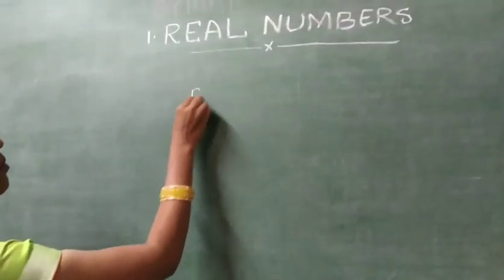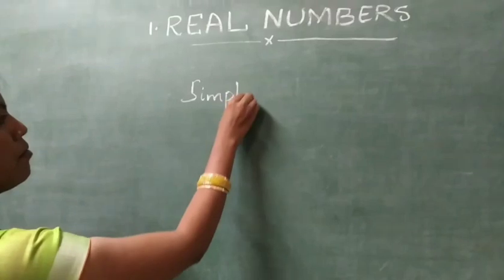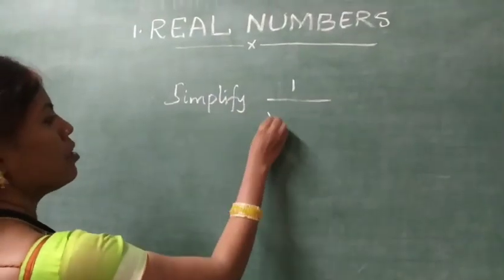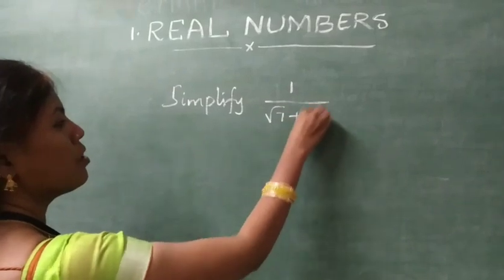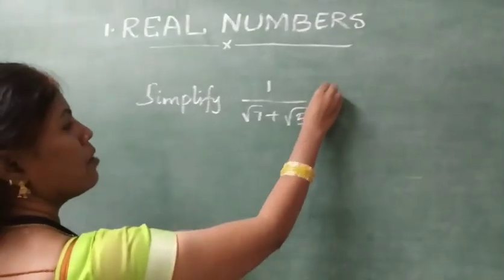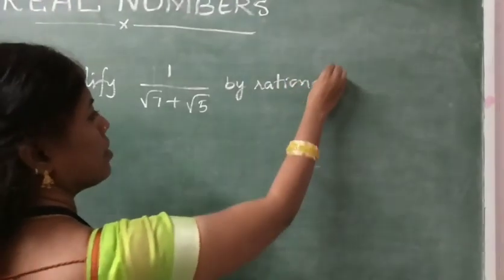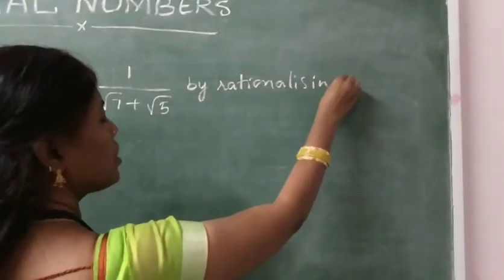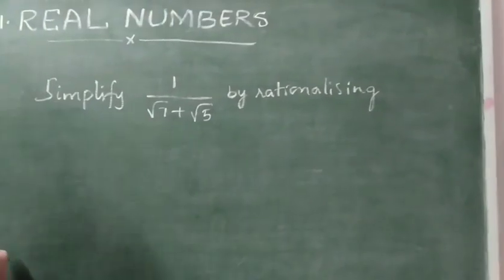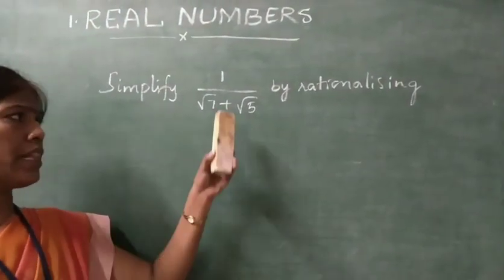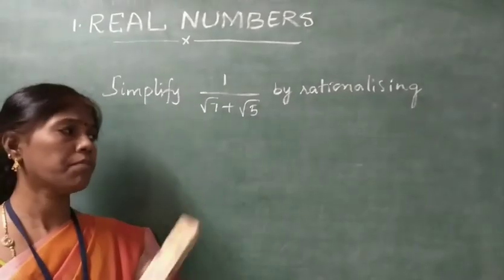Simplify 1 by root 7 plus root 5 by rationalizing. I used the word rationalizing. Now you may get a doubt: what is to be rationalized, the numerator or the denominator?